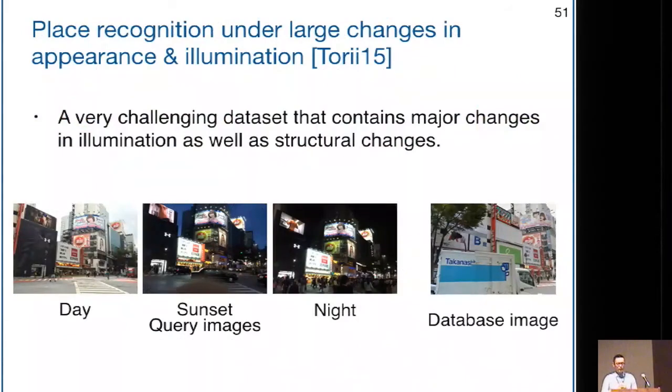We also try to address the day-night illumination changes. To do that, we first generated a very challenging dataset that contains major changes in illumination as well as structural changes.